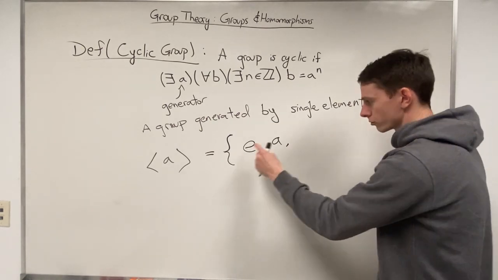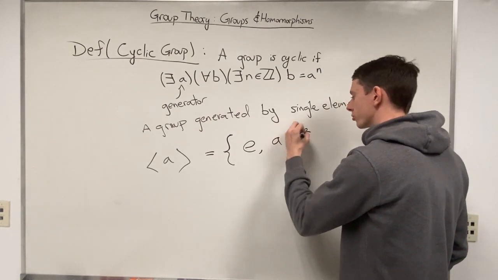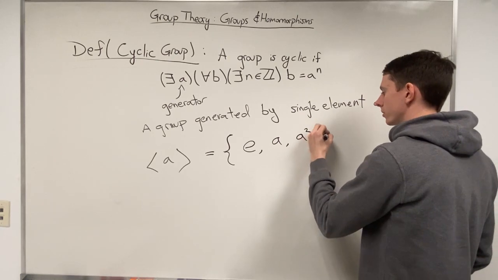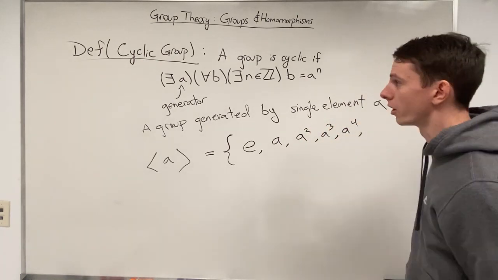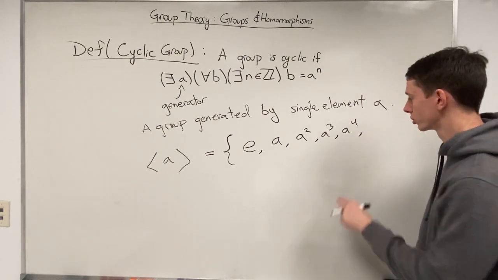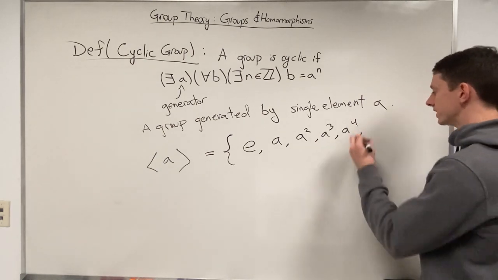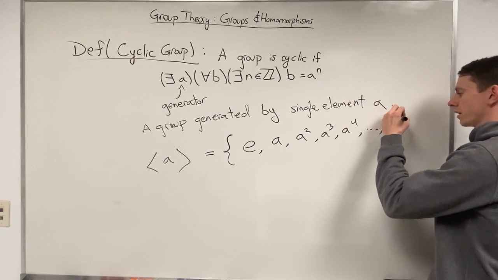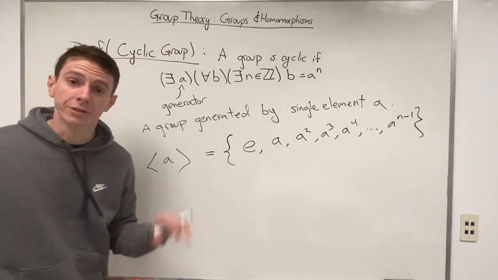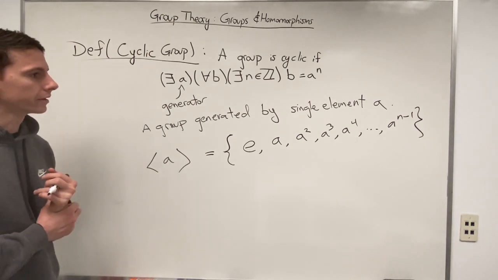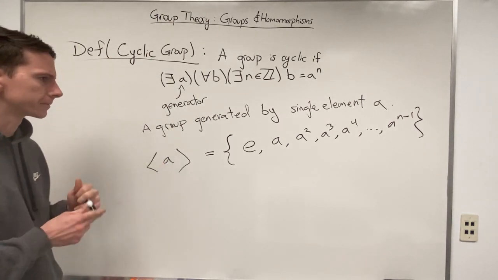So we're going to have E, we're going to have A. We can also have another power of A, like A squared. We have A cubed, A to the fourth. And this is just going to keep on going. Every element is going to be some power of A. And eventually we're going to get to A to the n minus 1 in the finite case, and then we're going to stop right here.